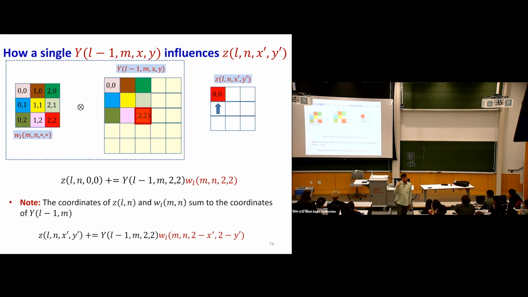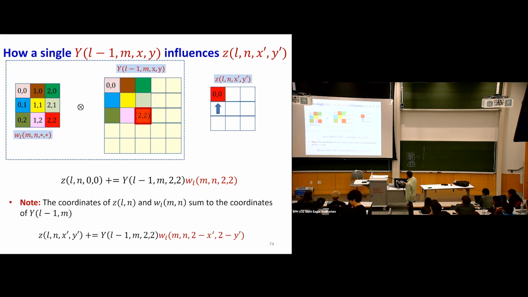And then computing the inner product. But when I do that, which element of the filter does Y22 interact with? 2,2, right? So for Z00, the contribution of Y22 here is Y22 times W22, okay?